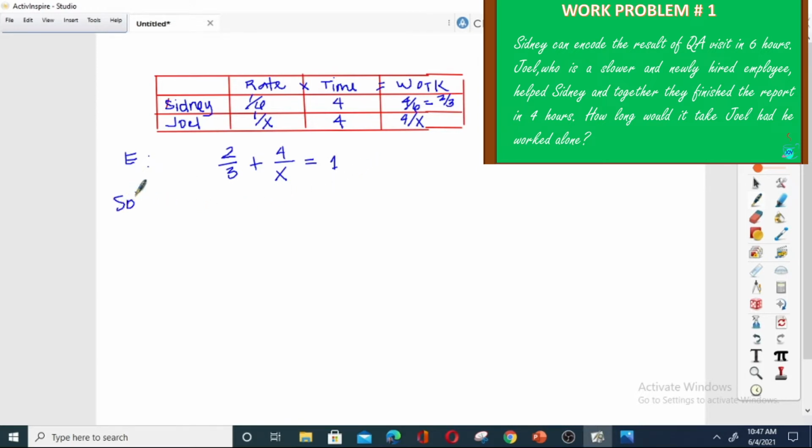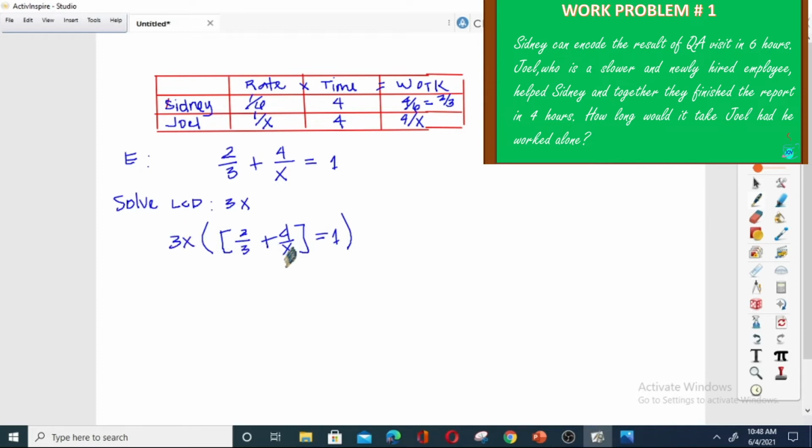So to solve this problem, since this is a fraction, we get the LCD and multiply both sides by it.